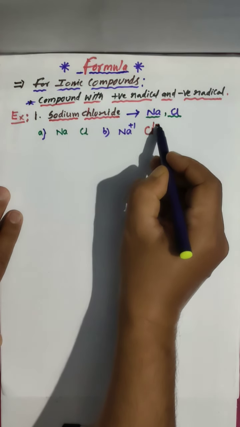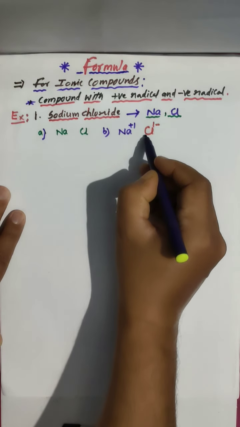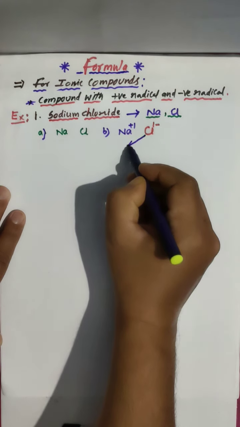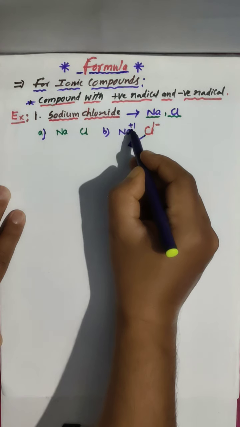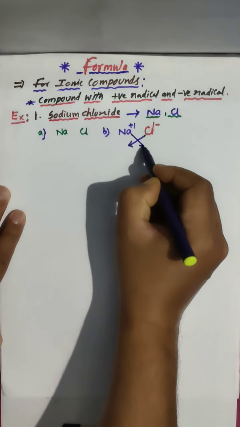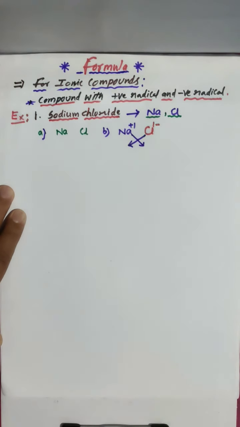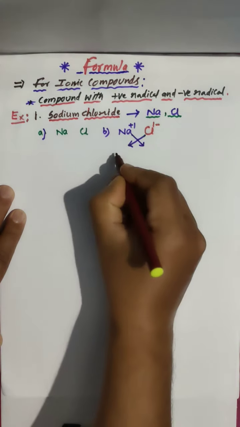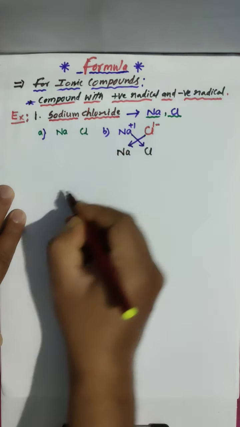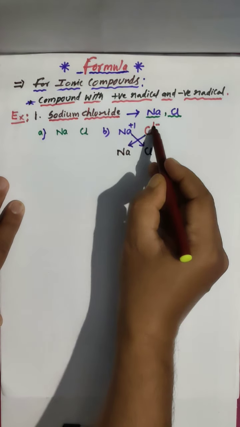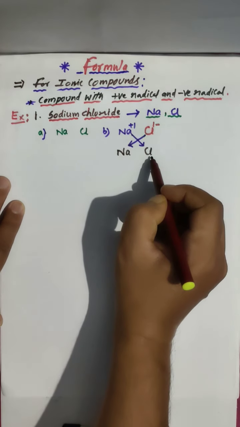Here we have a left side and a right side. You take the right side ion's charge to the left side ion's base, and the left side ion's charge to the right side ion's base. Base means subscript. Look here. This is sodium and this is chlorine. What I told: this charge to this ion's base, this charge to this ion's base.